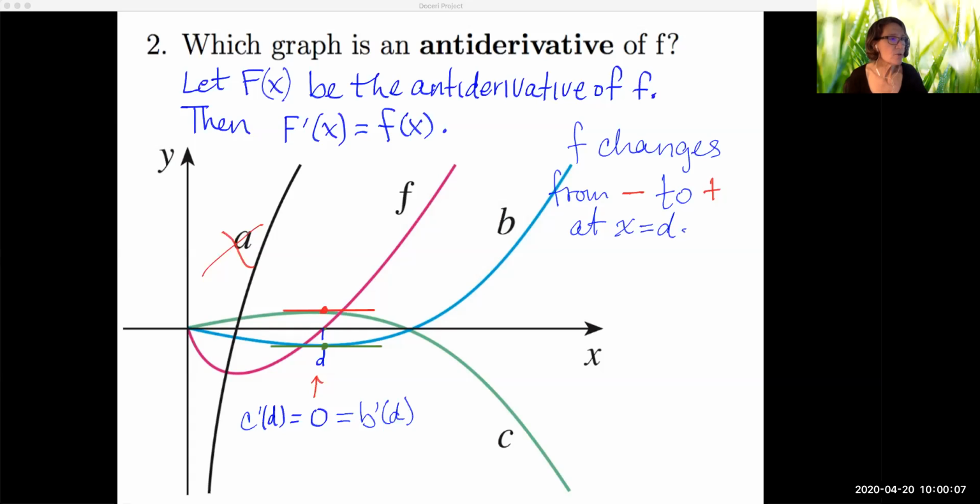So the function we're looking for has to have tangent lines that go from negative slope to positive slope.